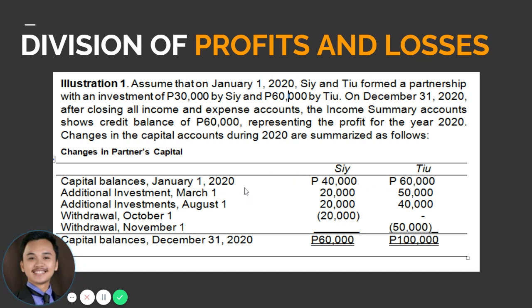For example, their beginning balance for 2020 is 40,000 and 60,000, but their beginning balance for 2021 is no longer 40-60 but rather 60,000 and 100,000. Again, your original capital balance is the balance of their investment made on the formation of the partnership, while the beginning balance is the balance at the beginning of the year.